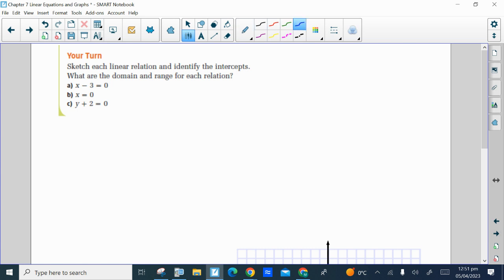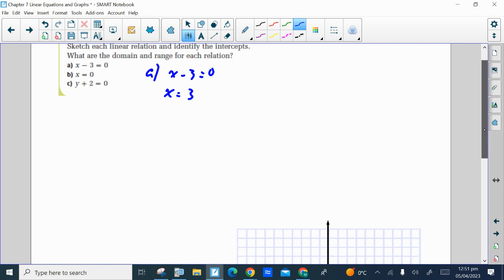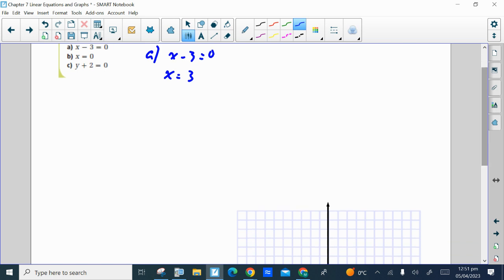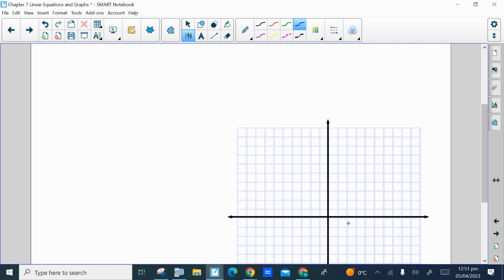So for equation A, x minus 3 equals 0. To graph it, you'll get the x by itself by adding 3 to both sides. This tells us that y can change, but x is always 3. When y is 0, x is 3. When y is 2, x is 3. When y is 5, x is still 3.